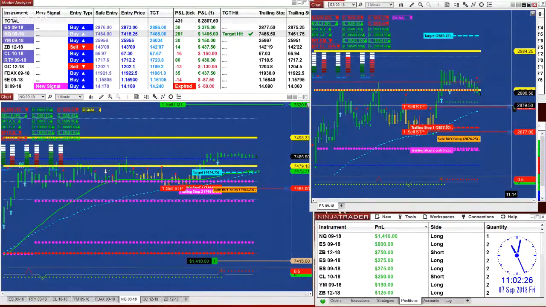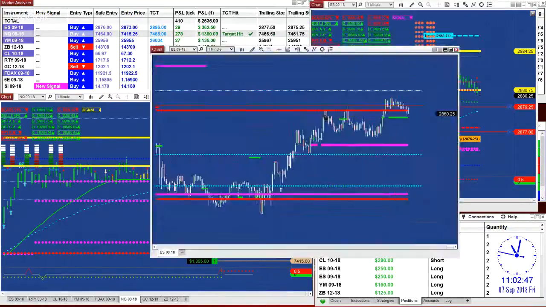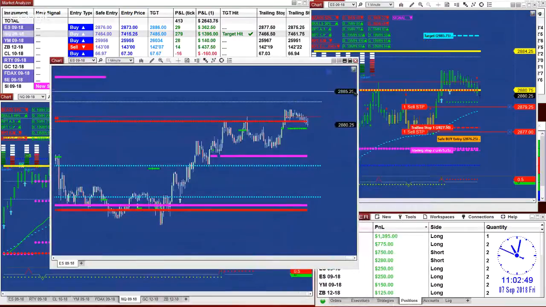But at least I give room to this market to go back and forth. So trading is an art. I love it. If we look at the clear picture on the ES, this is a very clean picture.